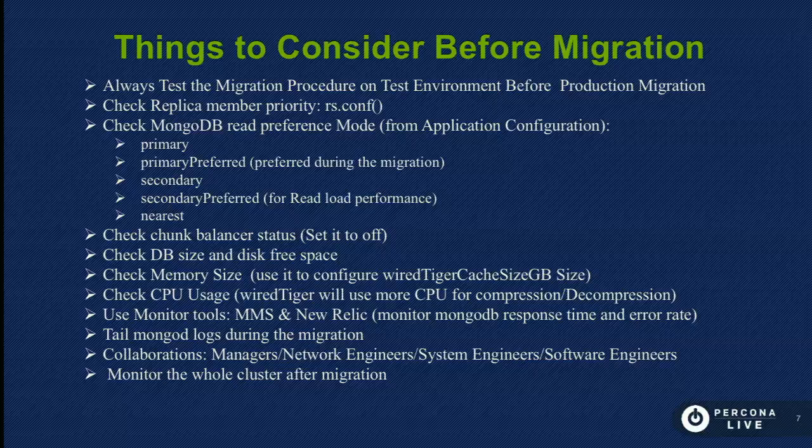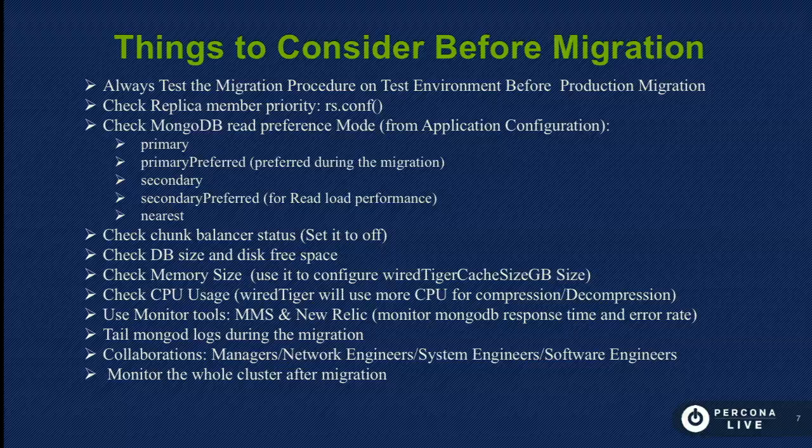During the migration, we use several tools to monitor performance. One is MMS, and the other one, we use New Relic to monitor the application response time and error rate. So if something happens, we can know whether it is because of the migration or something else, and then do the next step.